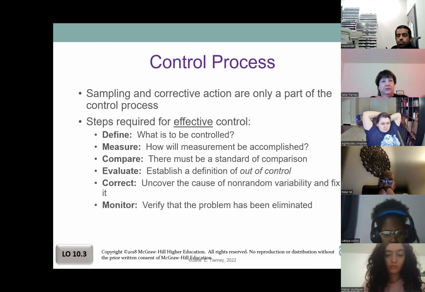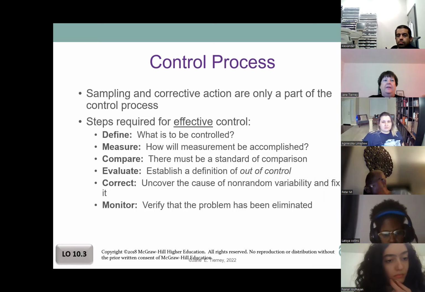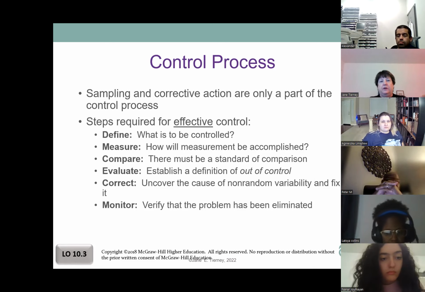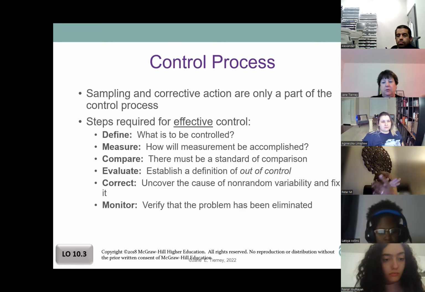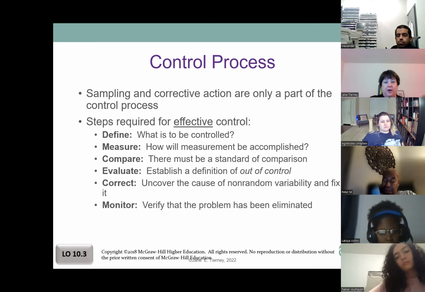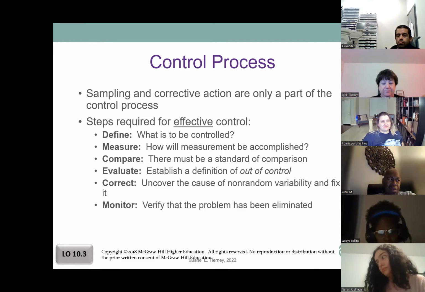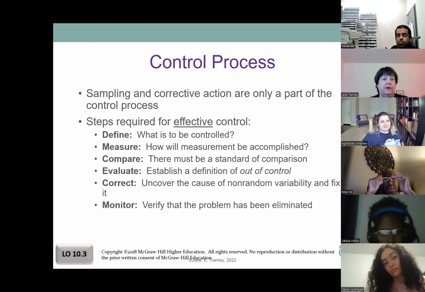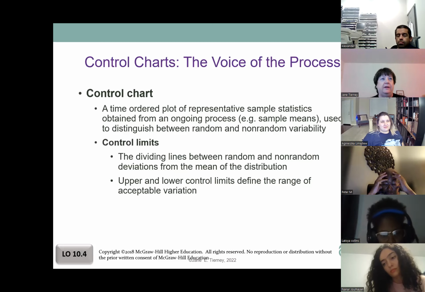Compare the measurements to the standard, evaluate that, and anything that's out of control, put some corrective action in. Then monitor to find out if the corrective action we determined really does work, and if we got rid of the problem, or if we created another problem, or if we just didn't hit what we were trying to do. So we're going to figure that out.